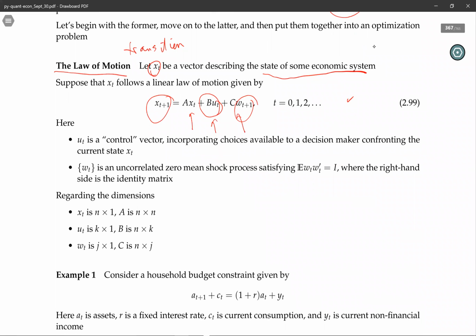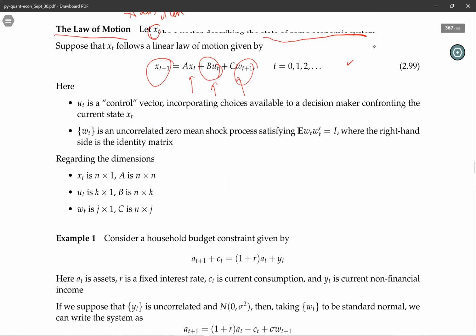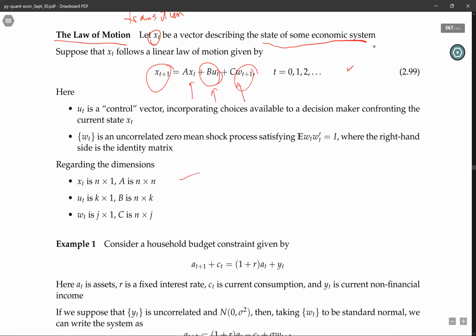So we're going to permit there to be shocks, and you're going to see in the consumption smoothing model that we're really interested in, those shocks are going to be important, and managing them is going to be important. Okay, so our dimensions. We have to do the bookkeeping. You've seen this plenty of times. If you're going to multiply a matrix times a vector, you better make sure that they're conformable. So B is n by k. U is k by 1.